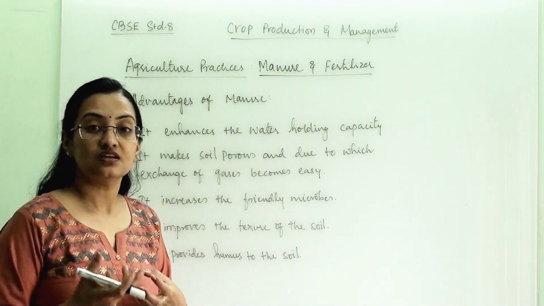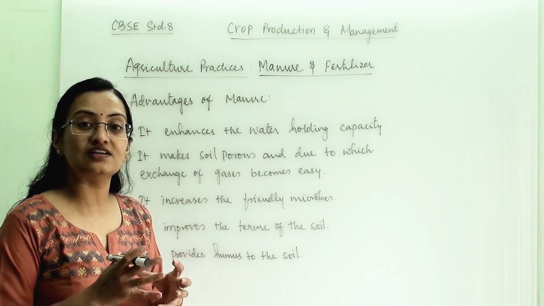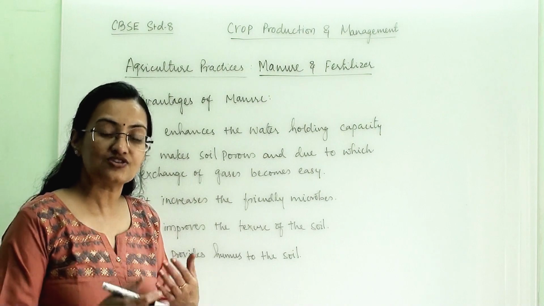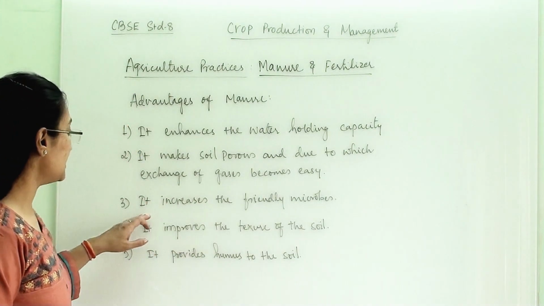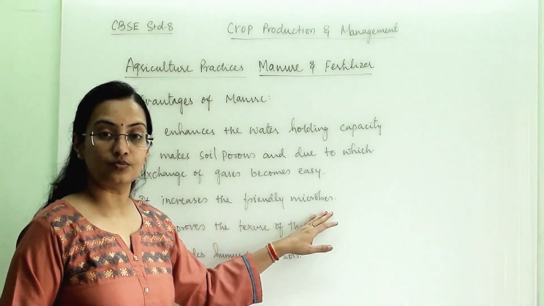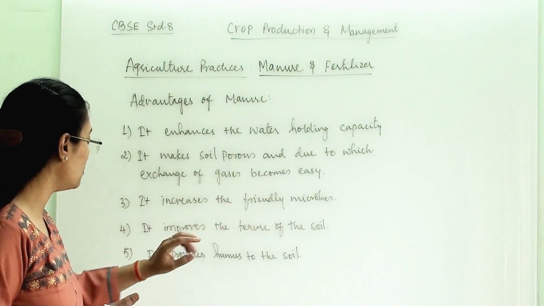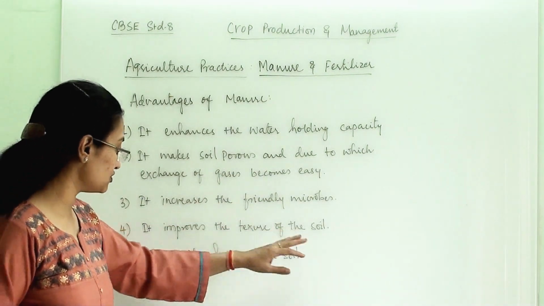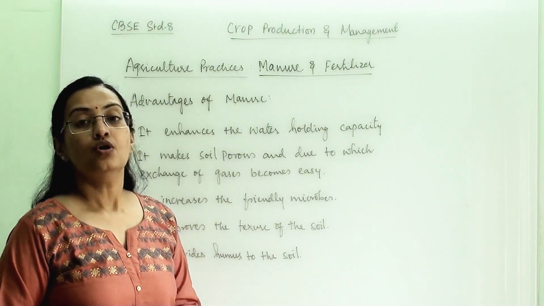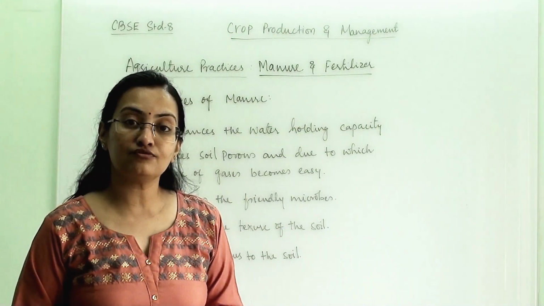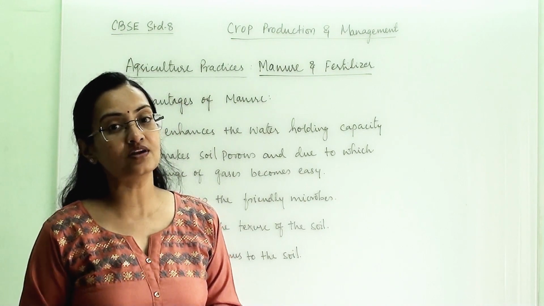Because of this decomposed organic matter, the soil texture will become porous, so gaseous exchange becomes easy and beneficial for the plants. It increases the friendly microbes, which are beneficial for the plant. It improves the texture of the soil. It provides a lot of humus to the soil. So overall it is very beneficial for the plants, and that's why we say that manure is preferred over fertilizer.